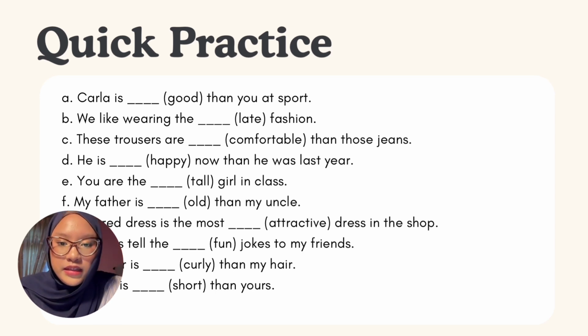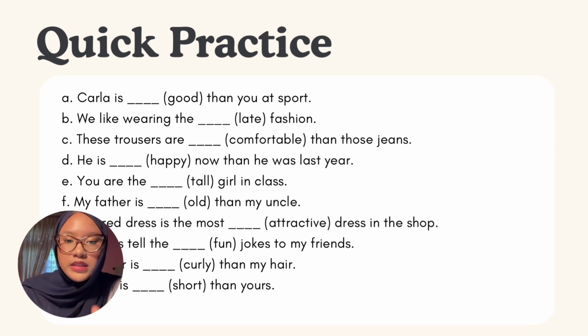And C is: these trousers are comfortable than those jeans. For the word comfortable here, we need to use the comparative form because, same as the first one, we have the word than in the sentence, which shows that it compares two things at the same time.